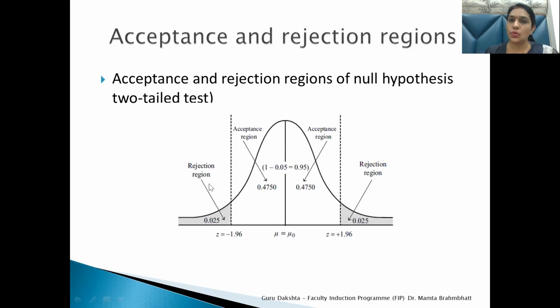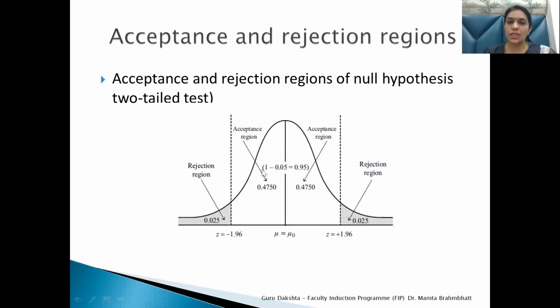When you have a two-tailed distribution, your hypothesis will be rejected from both sides, left hand side and right hand side. This entire area is 50%. 0.50 minus 0.025, you will get 0.4750 on left hand side and 0.4750 on the right hand side.